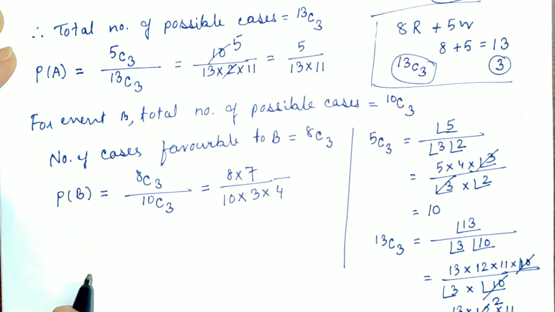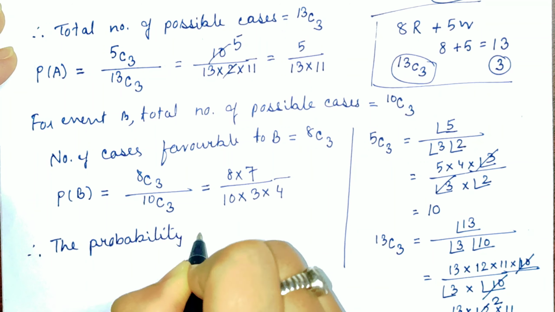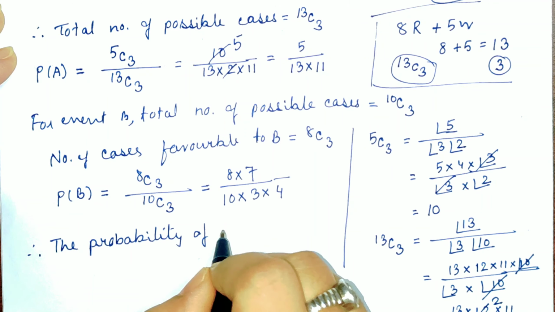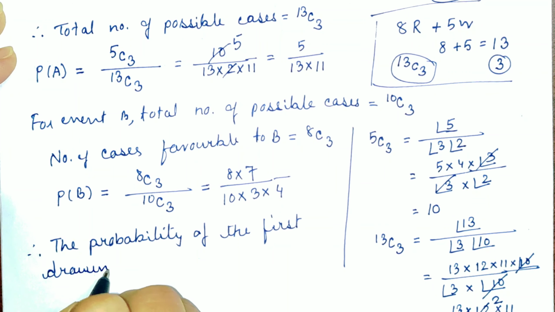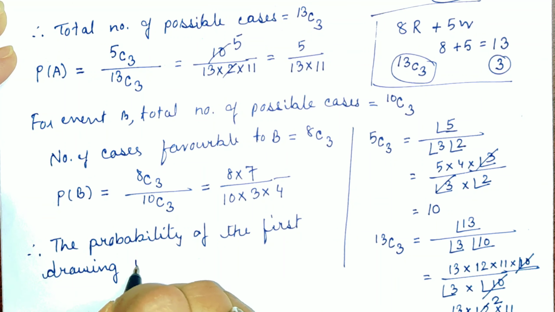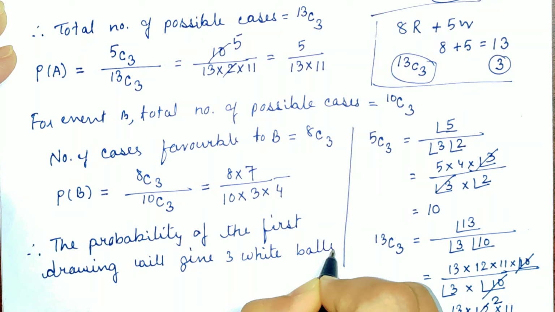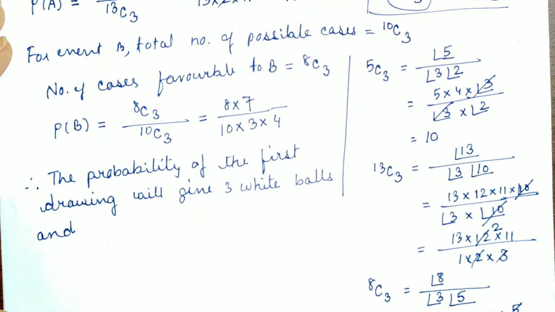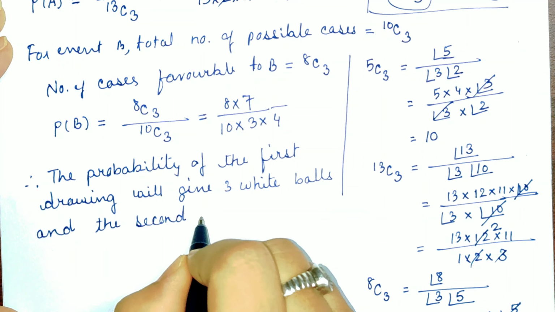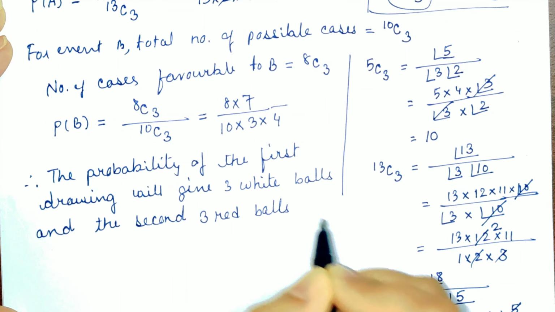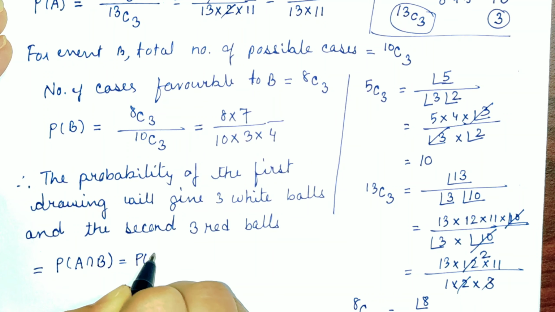Therefore, the probability of the first drawing giving 3 white balls and the second 3 red balls is equal to P A intersection B, or we can write PAB.